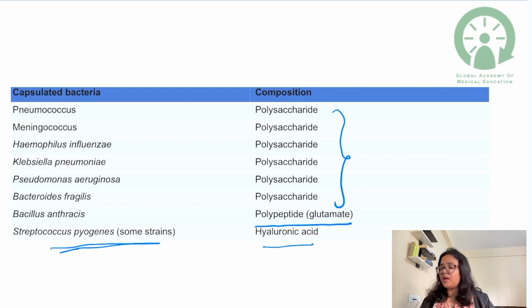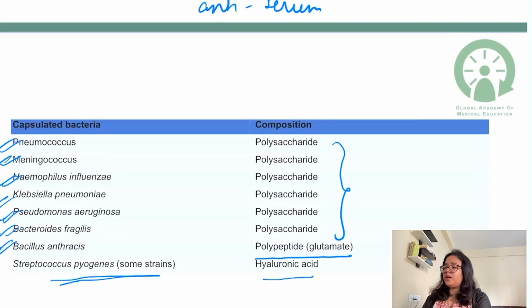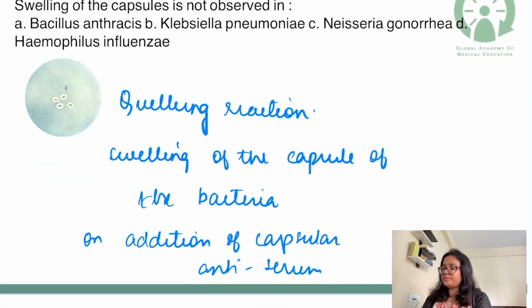So what are the organisms that have a polysaccharide capsule? We have pneumococcus, meningococcus, Neisseria meningitidis, Haemophilus influenzae, which is again capsulated, Klebsiella pneumoniae, Pseudomonas aeruginosa, Bacteroides, and Bacillus anthracis.